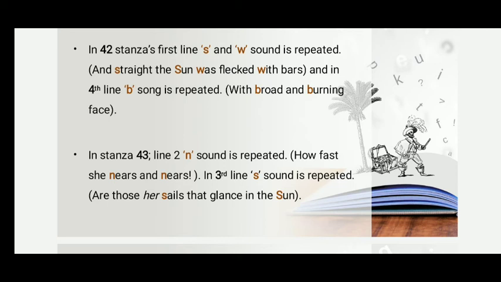Number 7, in stanza 43, line 2, the N sound is repeated: how fast she nears and nears. And in the third line, the S sound is repeated: are those her sails that glance in the sun.